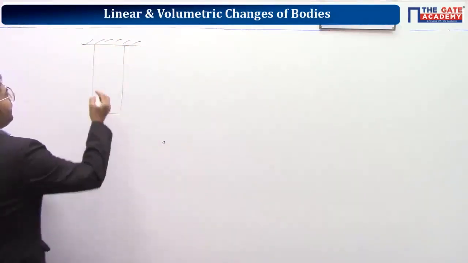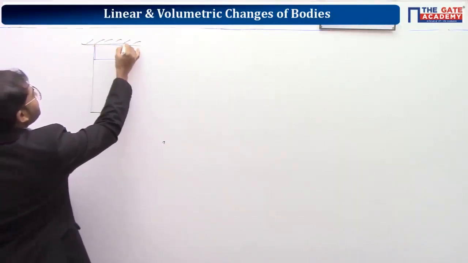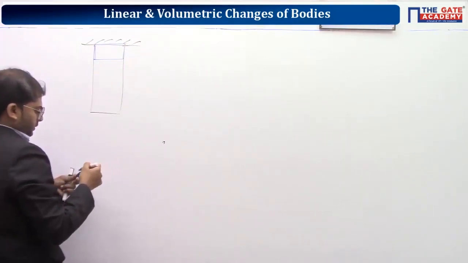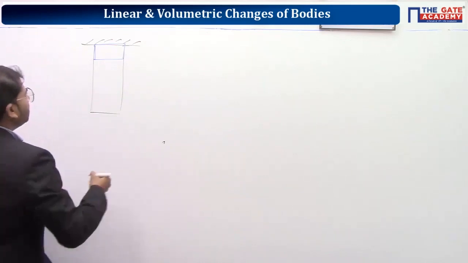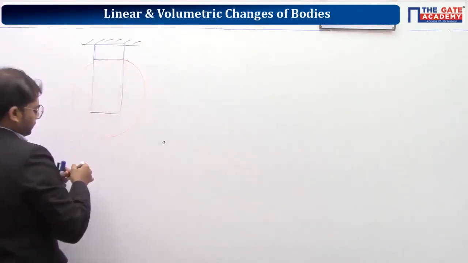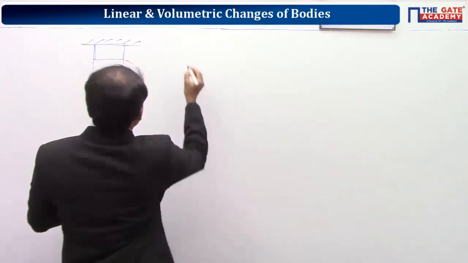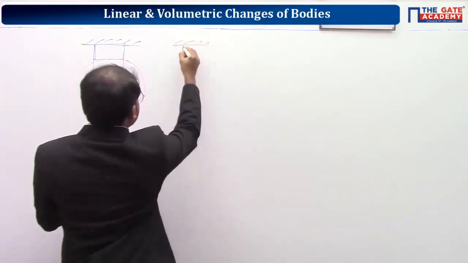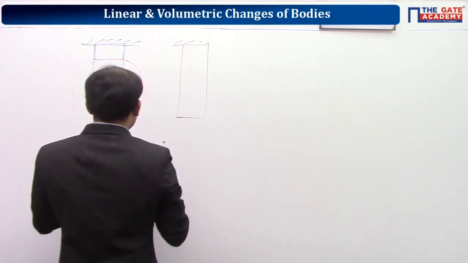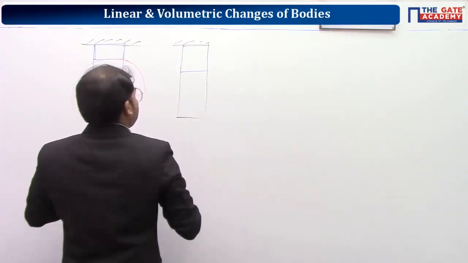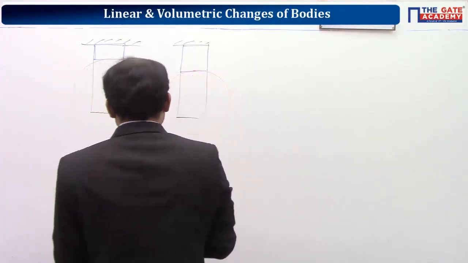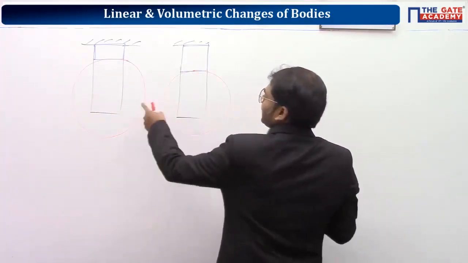Look here. If I take this part of the bar, the force which is causing elongation is the weight of the bottom element, which is in the red circle. If I take some other element which is a little bit longer than the previous one, it is elongating due to the force produced by the weight of the bottom member, which is a little lesser than this one here.